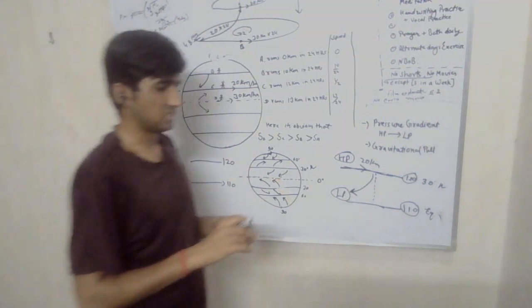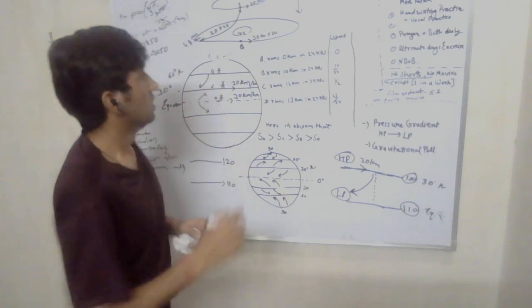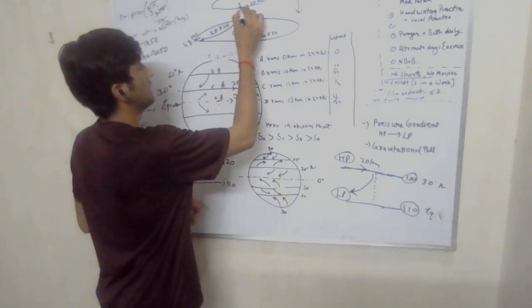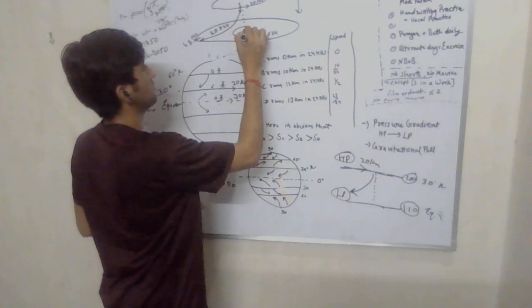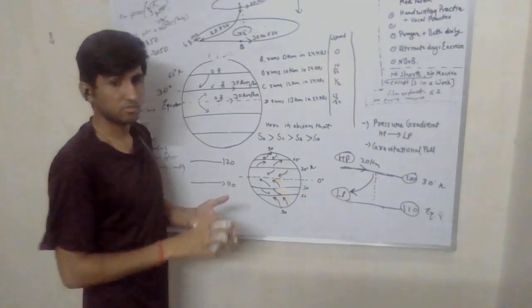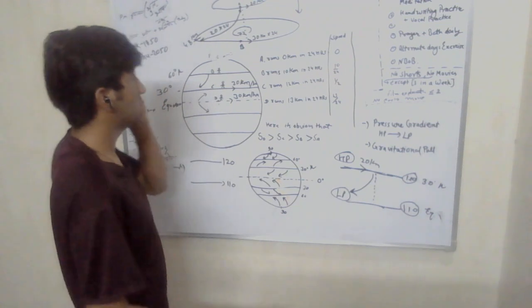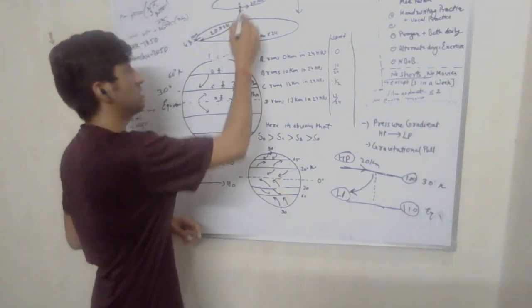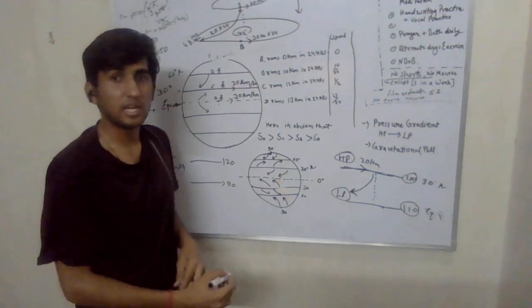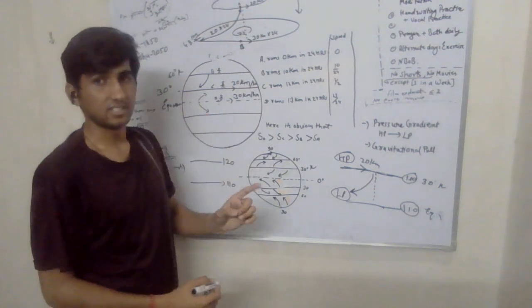Basically, let's understand. Let us suppose that there were this many air particles. Now every single particle is moving around Earth, and the speed of each particle towards the equator as we move down is increasing.